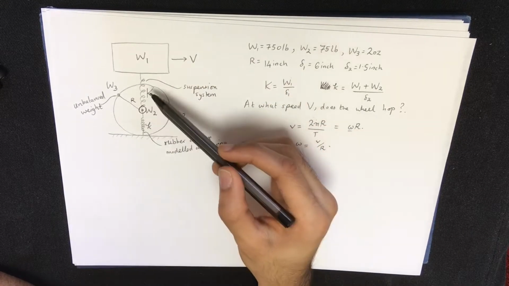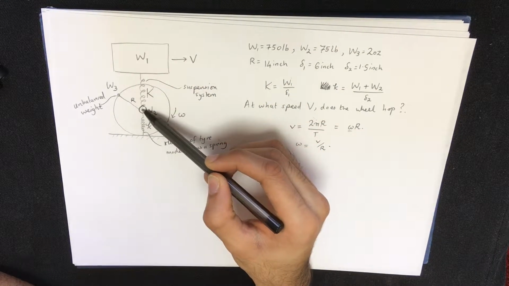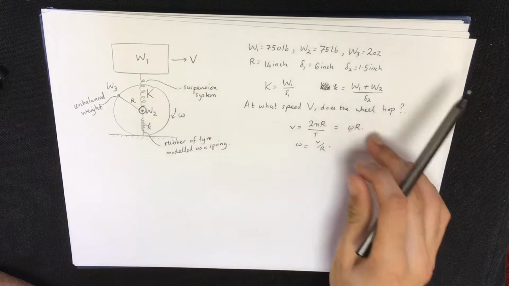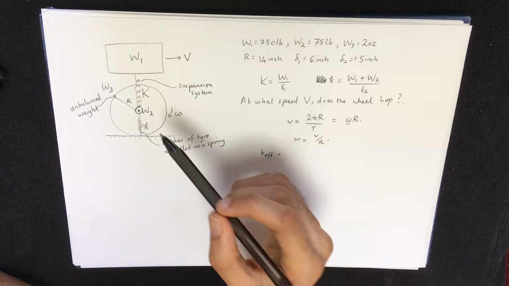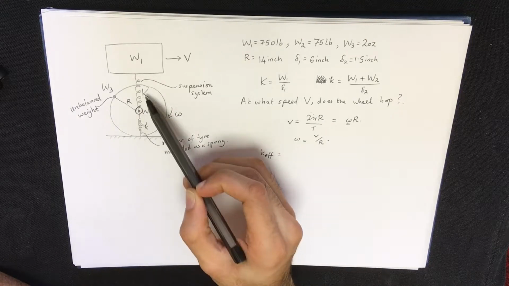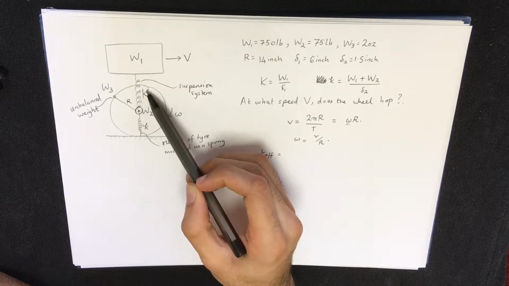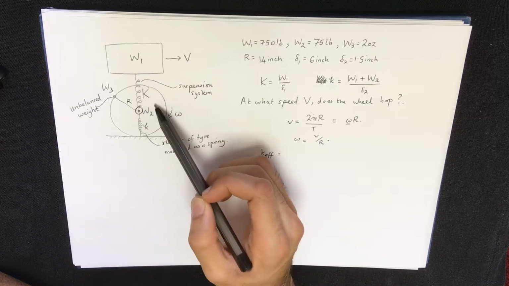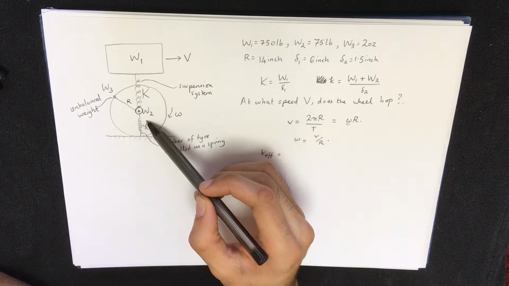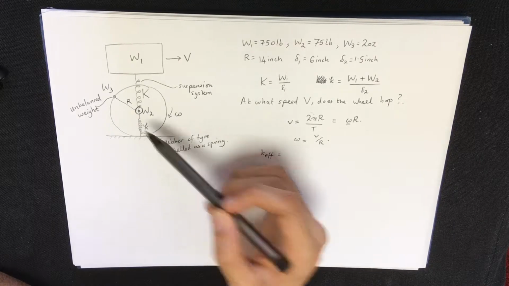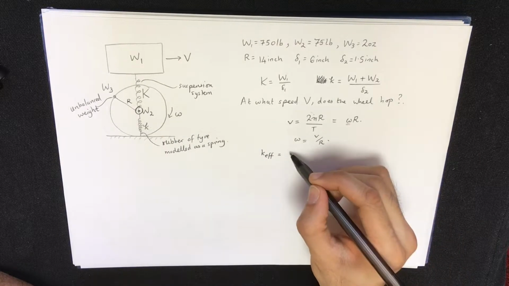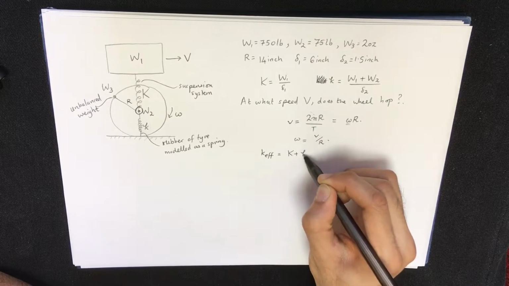Therefore, the effective spring constant acting on the center of the wheel, K effective, is equal to the sum of the two spring constants: the suspension system spring constant plus the stiffness of the rubber in the tire. So it's equal to K plus small k.